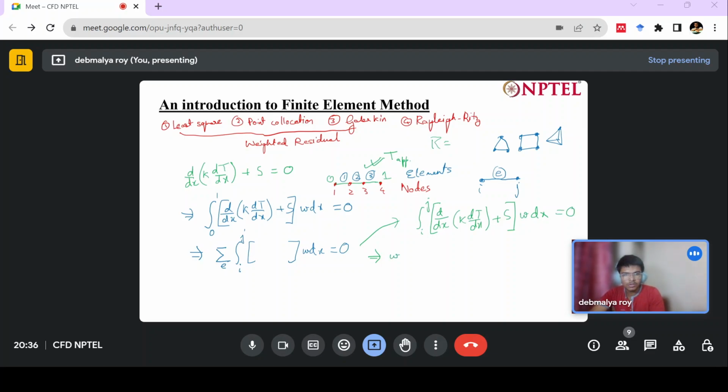The boundary term will be W k dT/dx, minus the integral from I to J dx.